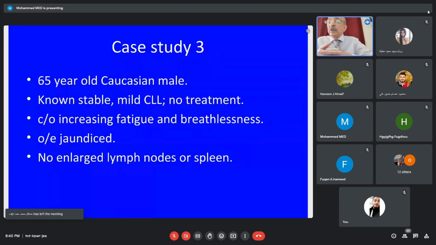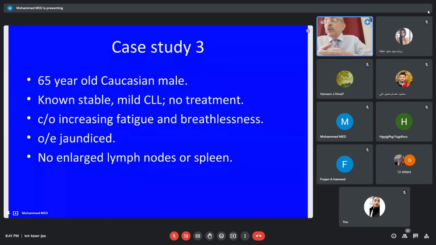If the patient is suffering from chronic lymphatic leukemia, can we leave him without a treatment? Yes. If the count is not very high, 20,000 or below 50,000, and there is no bleeding, then this is a disease which is compatible with long life, and usually it affects elderly people.